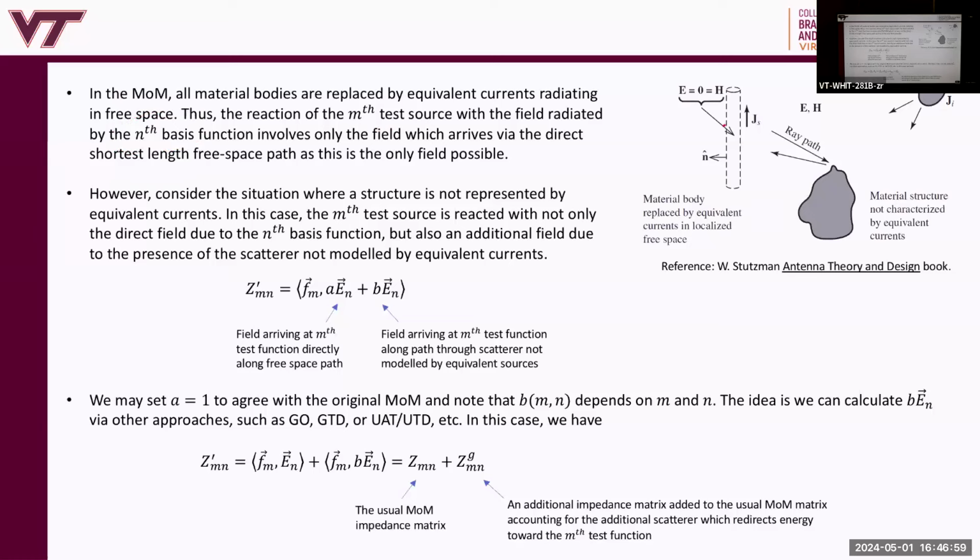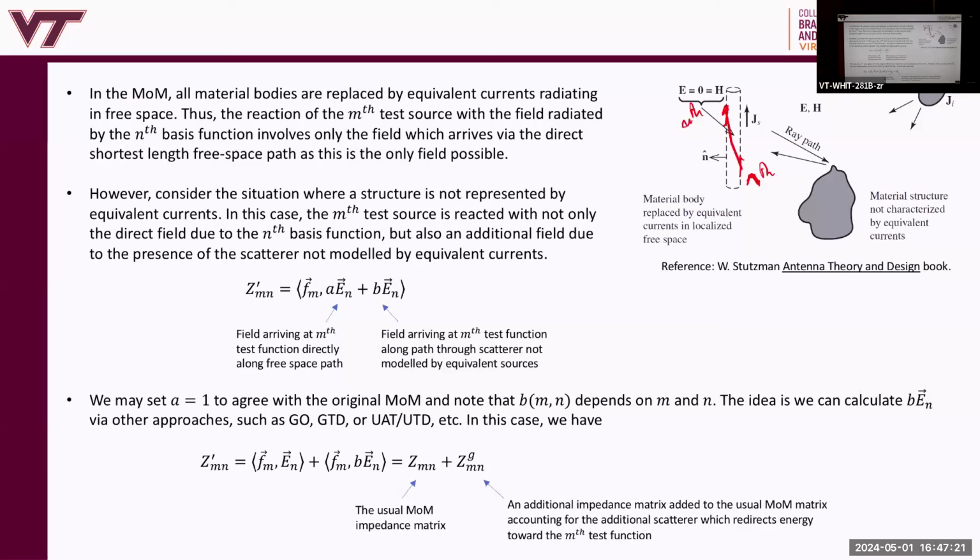Say we represent this with basis functions and currents, this might be the nth basis function, and this is the mth testing function. The radiation that we consider is directly through the original body, the free space path, because the objects are removed and we just have equivalent currents.